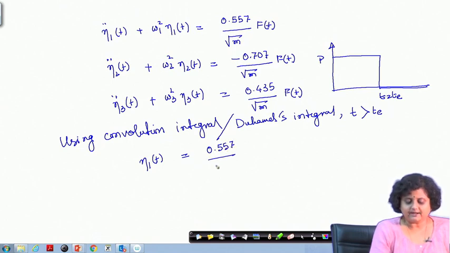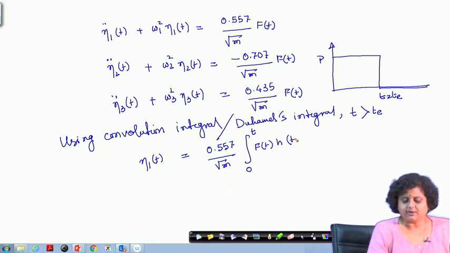0.557 by root over m into the integral from 0 to t, f tau into h of t minus tau d tau.